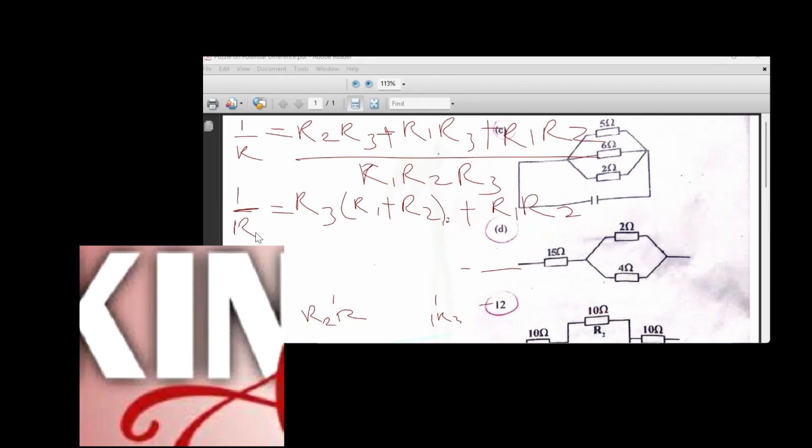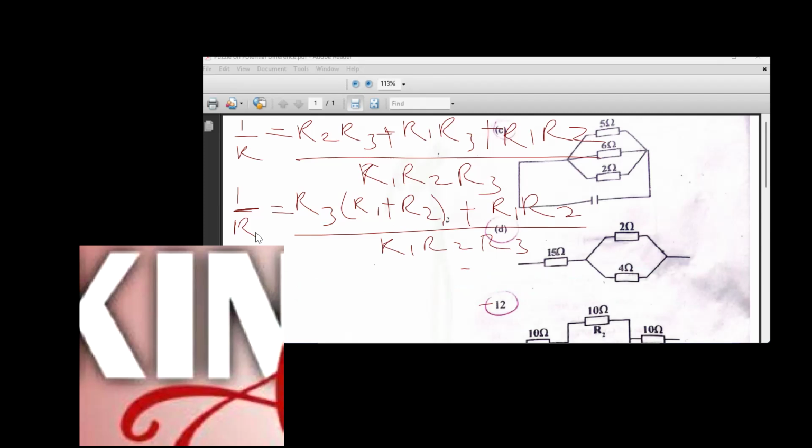Let's quickly erase all this. So we have all by R1, R2, R3.